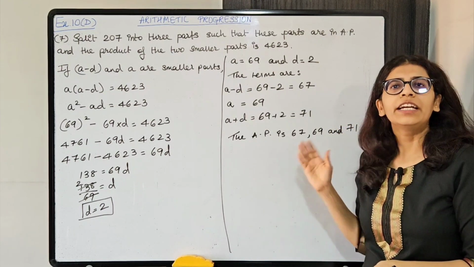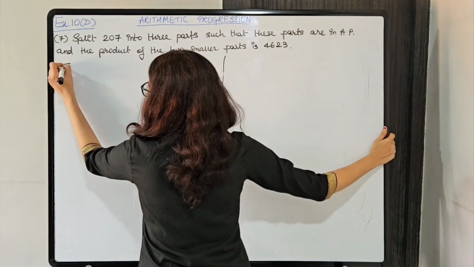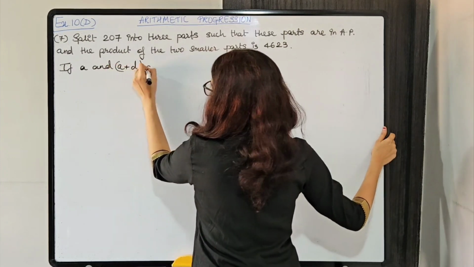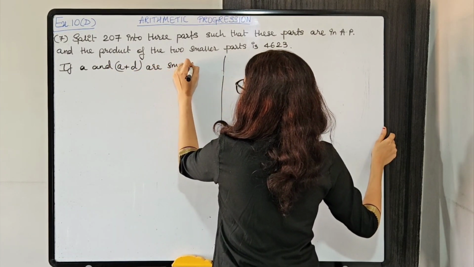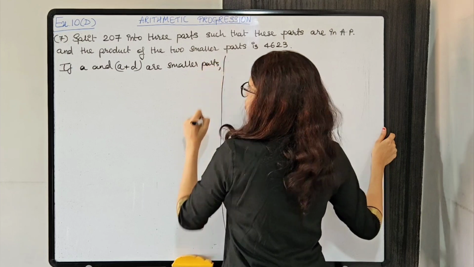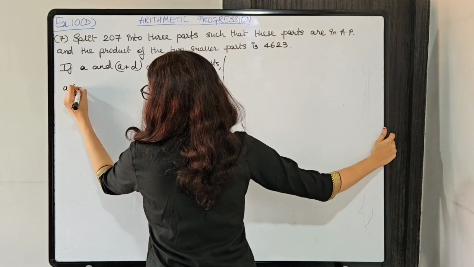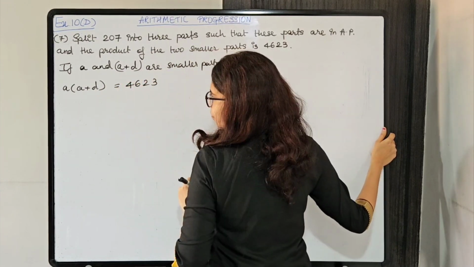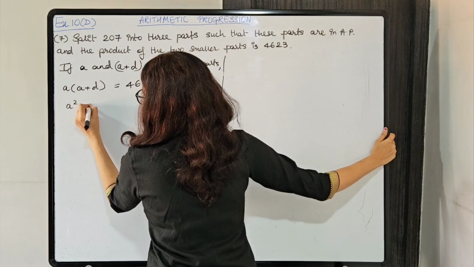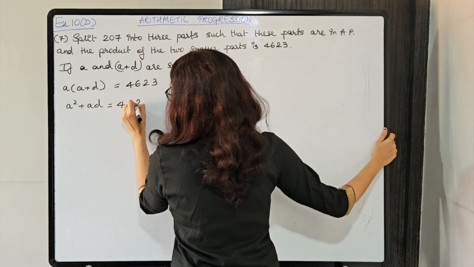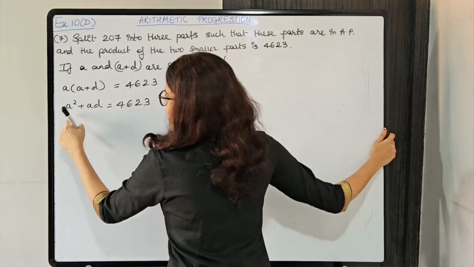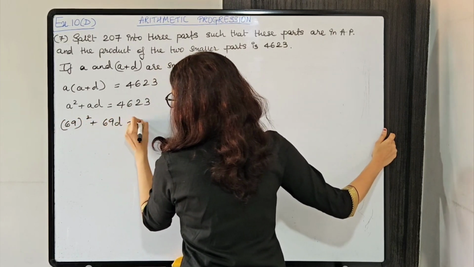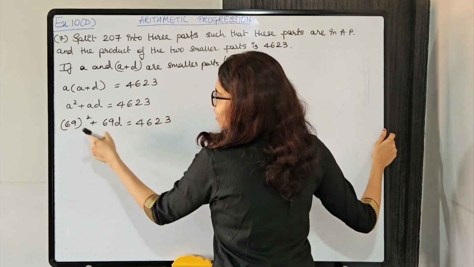For the other case, we'll get the reverse AP. So let us find out. If A and A plus D are the smaller parts, we know the product of the smaller parts, that is A into A plus D, is equal to 4623. So A square plus AD is equal to 4623, right? A square, that will be 69 square plus 69D is equal to 4623.